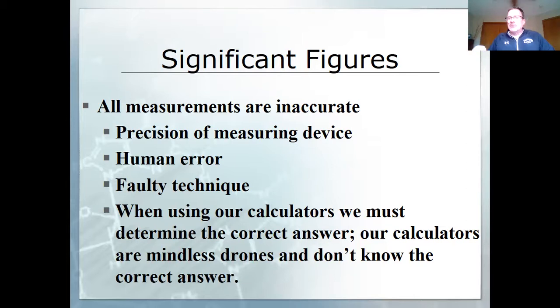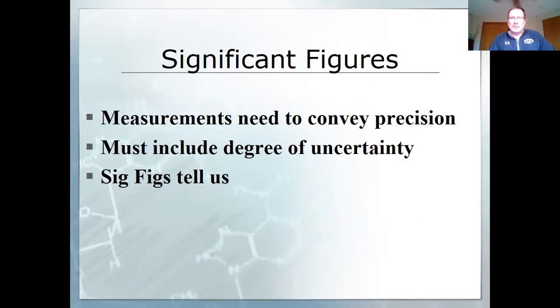The calculators are tools. They don't know the correct answer. Your measurements and the math that goes with them need to convey precision. And what I'm going to tell you right now, which you may not believe, and students want to argue with me, but if you are not using the correct significant digits, your answer can actually increase in error.